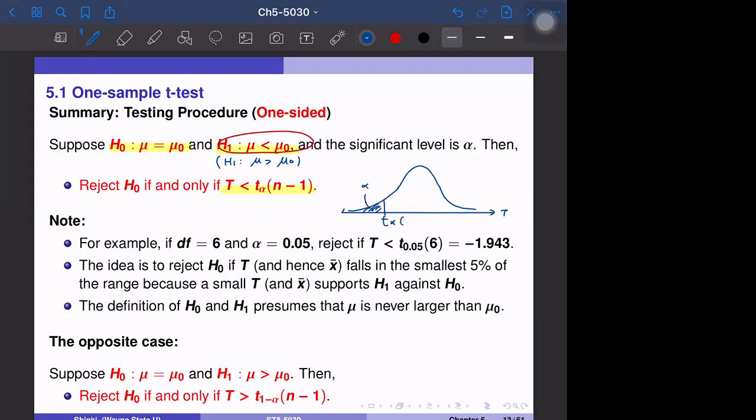If T falls in this range, we reject the null hypothesis, because the alternative is mu smaller than mu naught. If H1 is true, then x bar minus mu naught should be a small value, even after we normalize it. So for smaller t, we reject H naught to support H1.